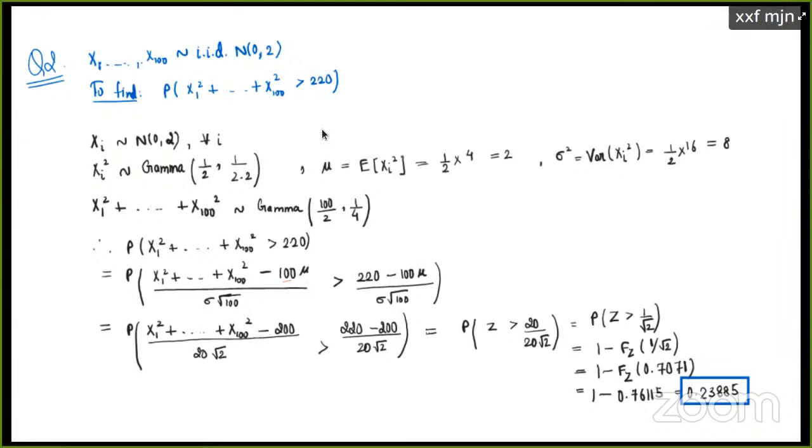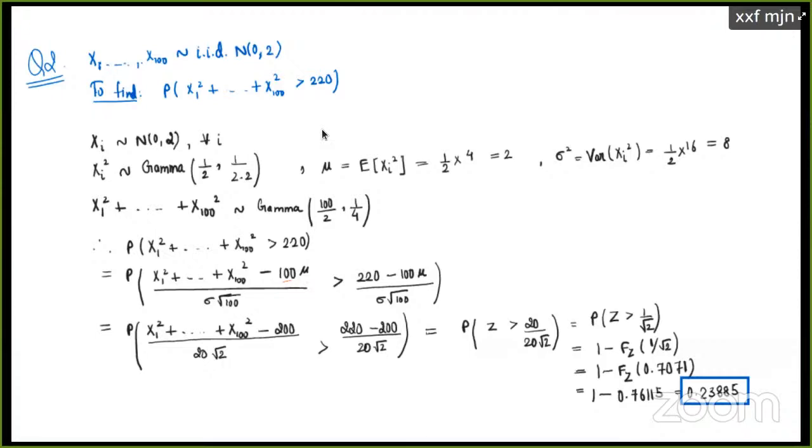And if xi is normal 0, 2 distribution, then xi square is what distribution? It's a gamma distribution with alpha equals 1 by 2 and beta equals 1 upon 2 into 2, right? So that we know already.